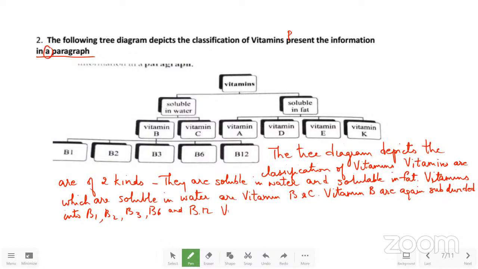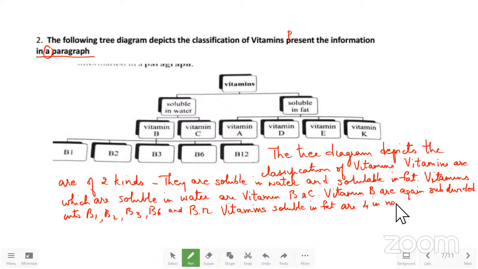Vitamins soluble in fat are 4 in number. I'm using abbreviation, but remember children, in English, you cannot use abbreviations.